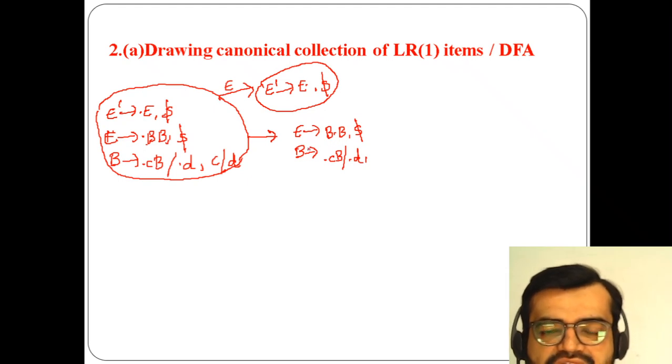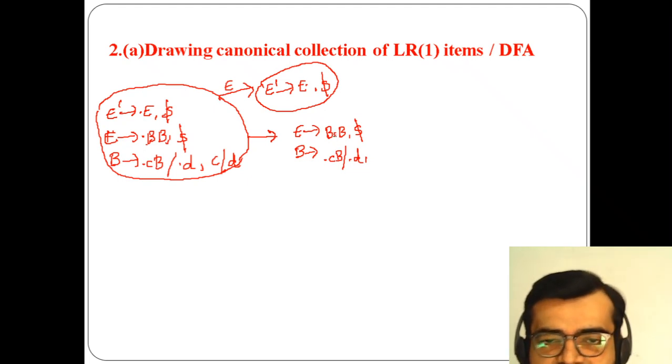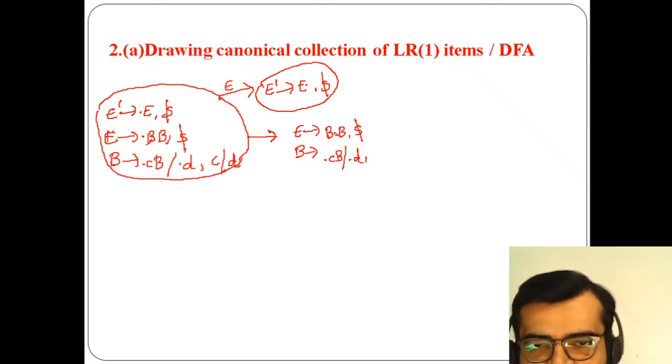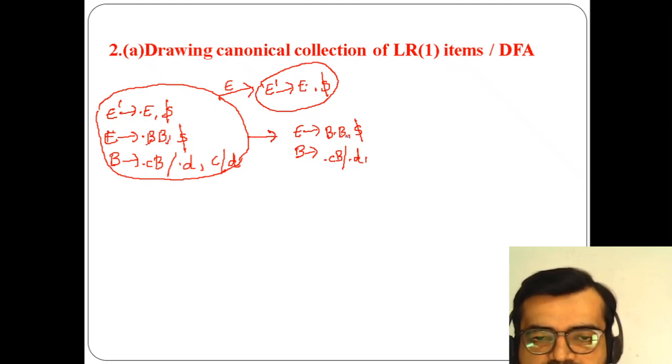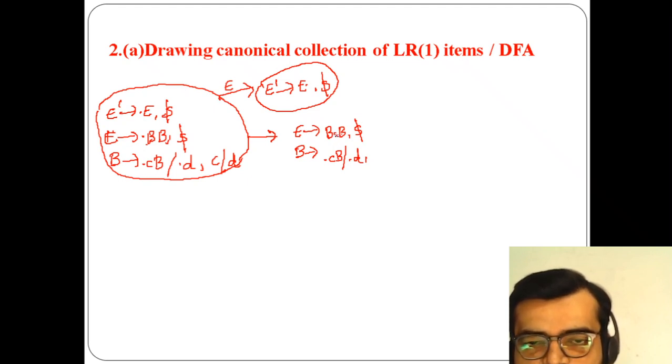Why? Because when I'm reading this B, this dot is there in this position. So now this B has been read here. After this B, if you go for the first production, because dot is there in between two B's, the second B is already read. So after the second B, is there any symbol here? No. So for that purpose there is no symbol left.